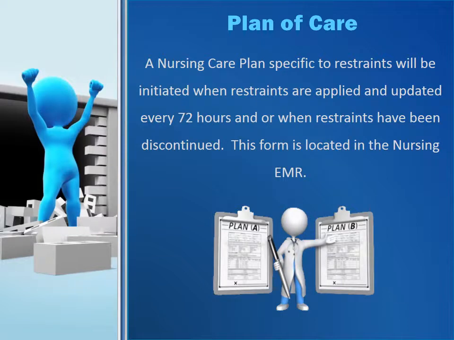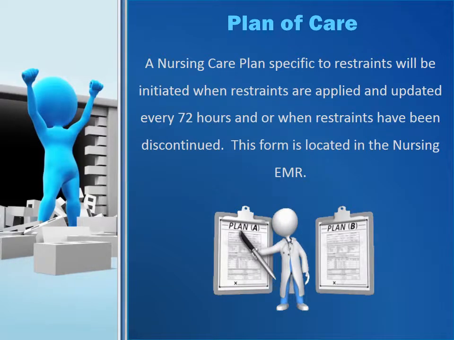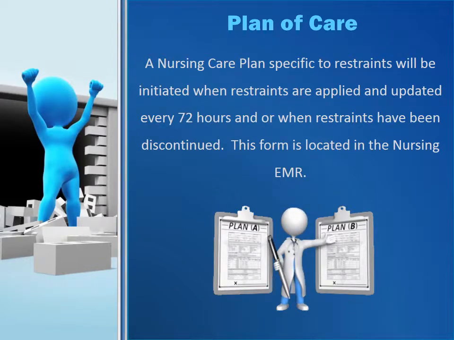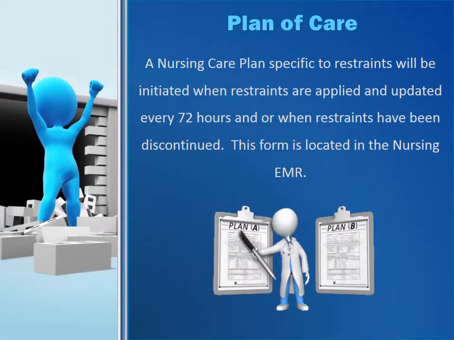And so this helps you to just remember when they're applied, and then you're going to update them every 72 hours or restraints have been discontinued. So this is just another documentation that if anything changes, to update your nursing care plan. It does suggest it when restraints are ordered or they're put on and documented. So please go in, fill it out, and you will learn this also in your IT documentation class.